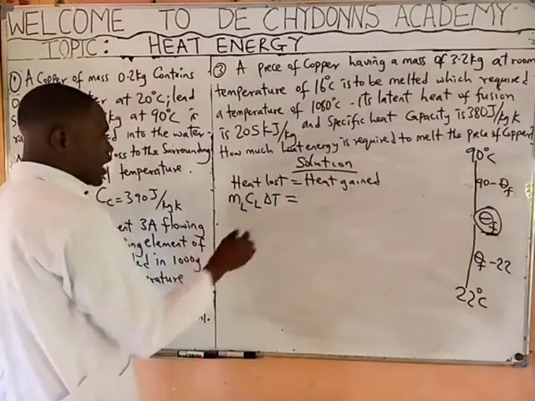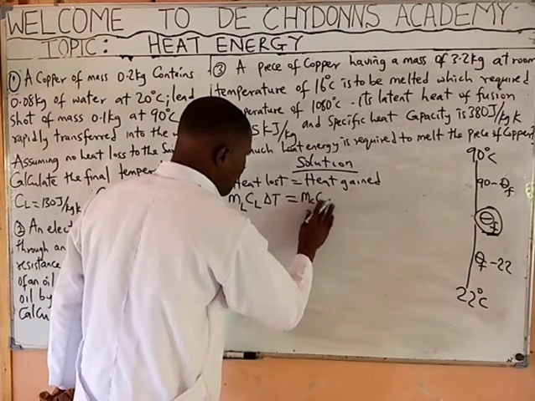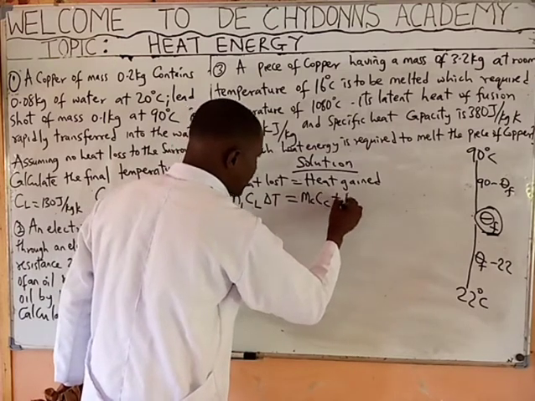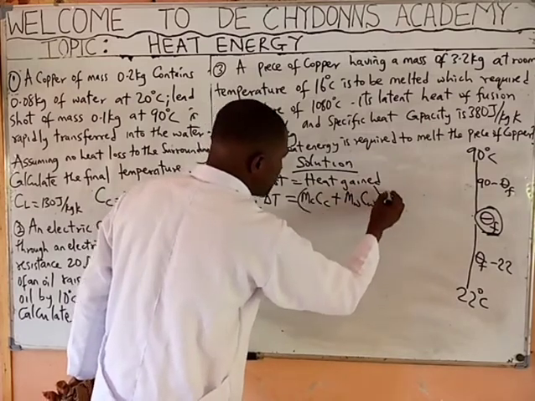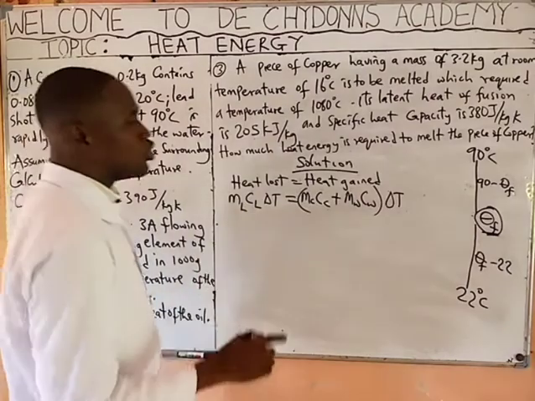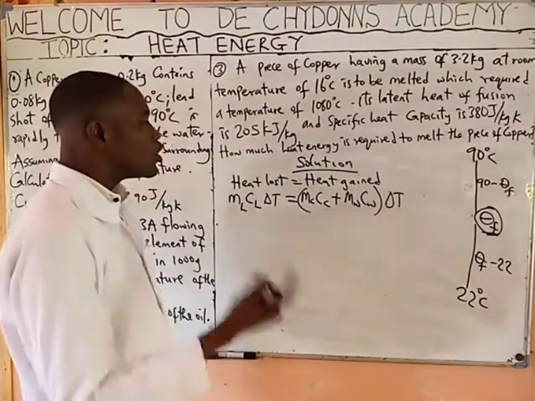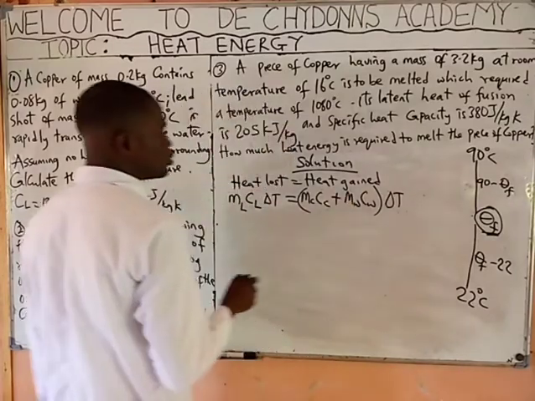Then the implication is that the copper and the water are what will gain the heat, because copper is a good conductor of heat. So if copper gains heat, water also will gain heat too.